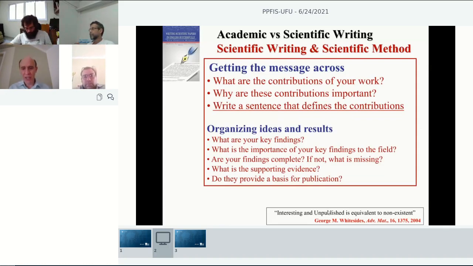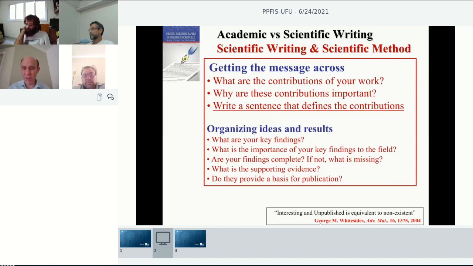But one thing which is relevant is that once you go about writing a paper, what the paper should convey mostly is not results, but ideas. So scientists publish ideas and concepts, not only results.